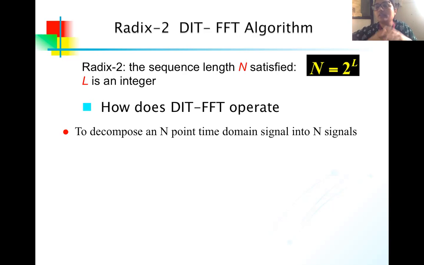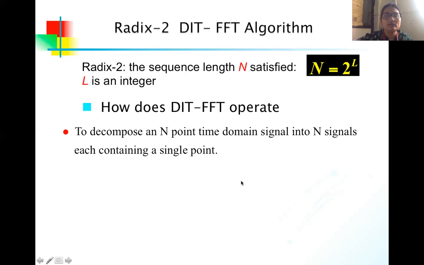It starts with n points and it will reach up to a 1-point division. I will show you. But this is the first thing that the DIT FFT algorithm is performing: it decomposes the n-point time domain signal into n signals, right?